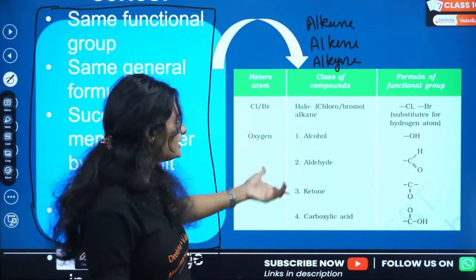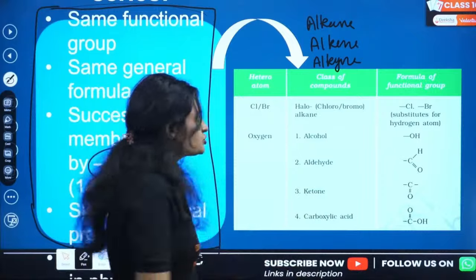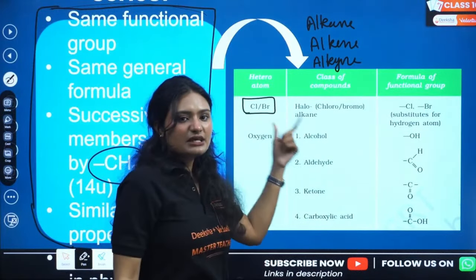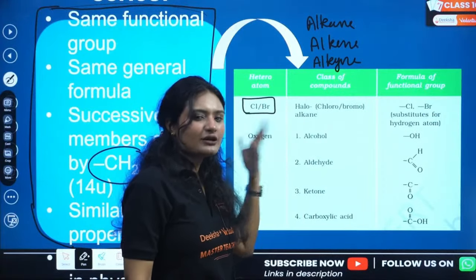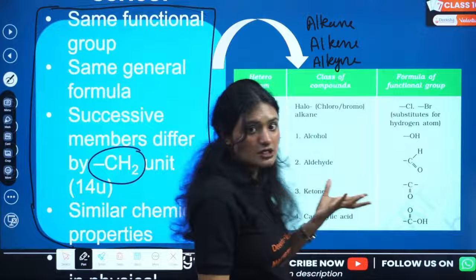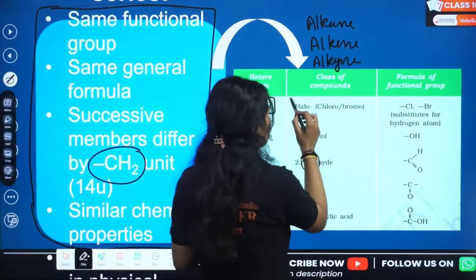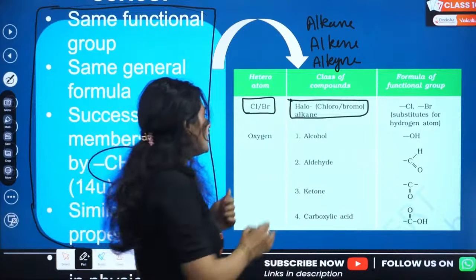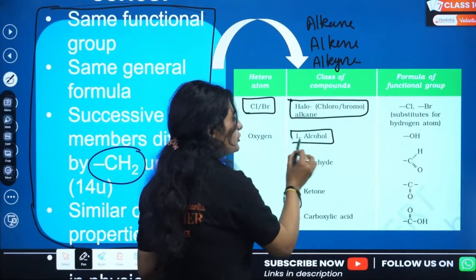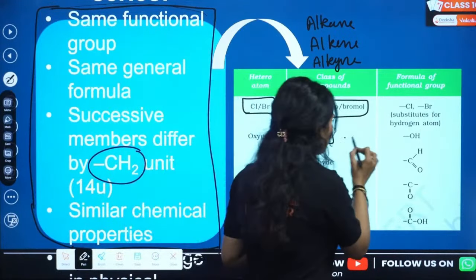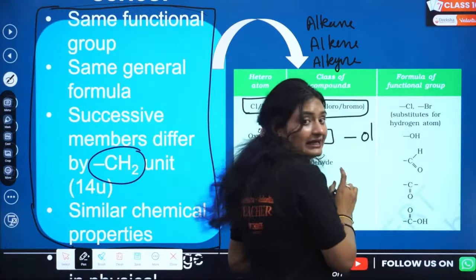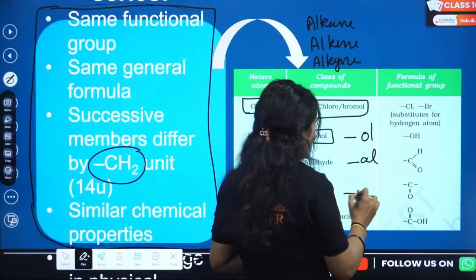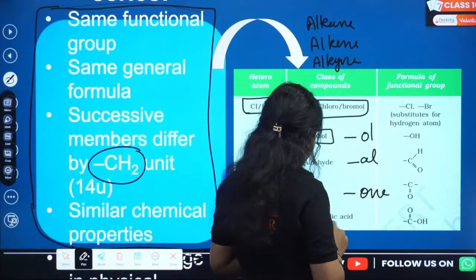Chlorine, bromine, these are all functional groups that you have. So when you are doing nomenclature, how do you write the name? If you have Cl, chlorine, bromine, iodine, fluorine, any halogen there, you write the name as haloalkane. Clear? Then you have alcohol. How do you write the name? Add 'ol' at the end. For aldehyde, if you have any alkane, you add 'al' at the end. For ketone, add 'one' at the end.